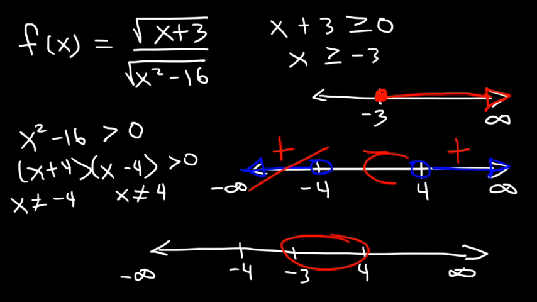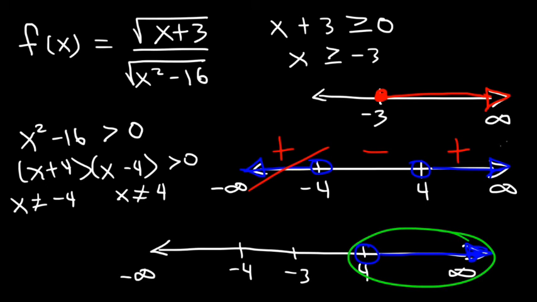Now 4 to infinity is also correct, so from the first, minus 3 to infinity will exist, as well as 4 to infinity. From the second interval I will take 4 to infinity. So here both the intervals are satisfied by the interval 4 to infinity.